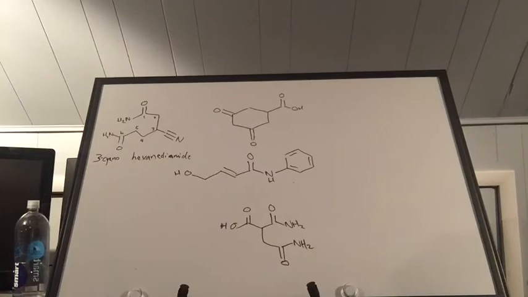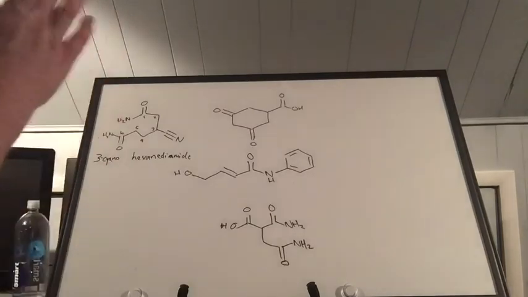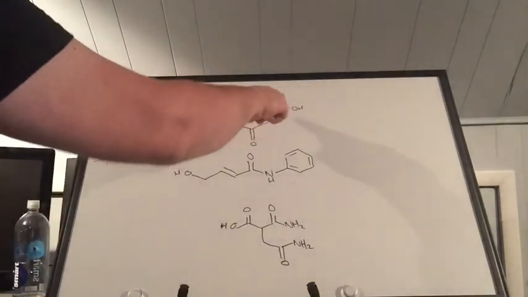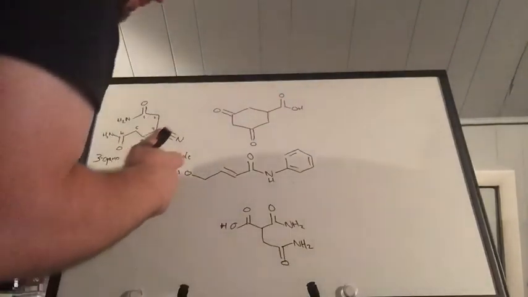And this is going to have a stereo center, but hey, the book wasn't sweating those details, so I don't think we are either. There's no dash or wedge. Okay, so what do we have over here to the right? We have cyclohexane as a main chain, so we can kind of go with that.